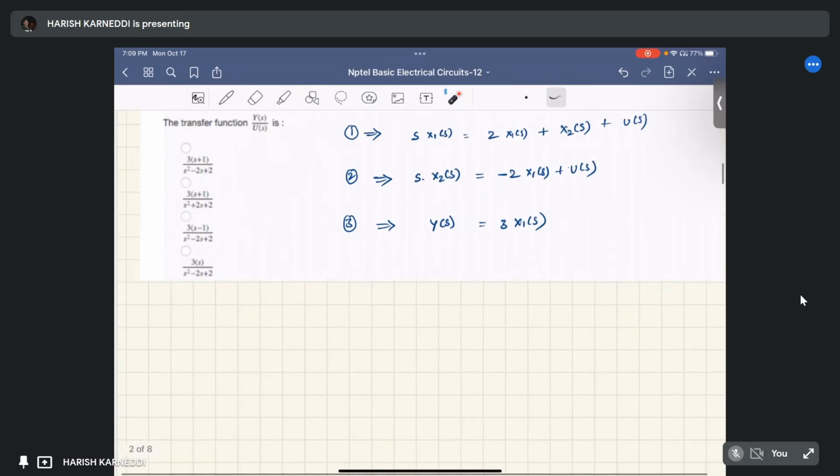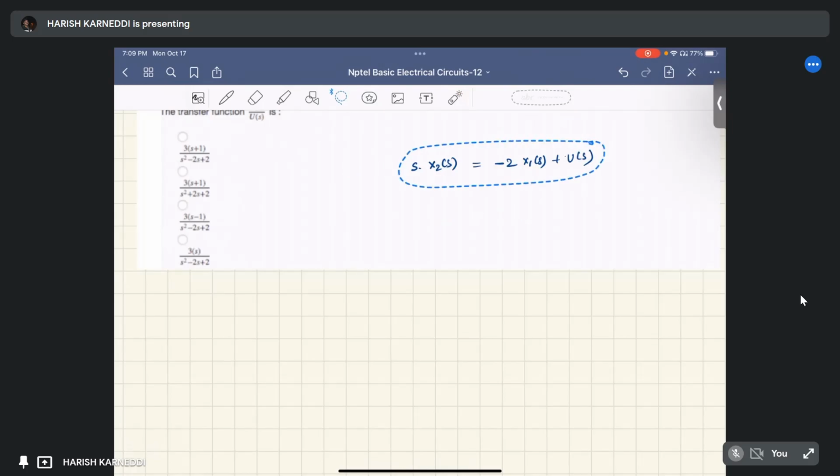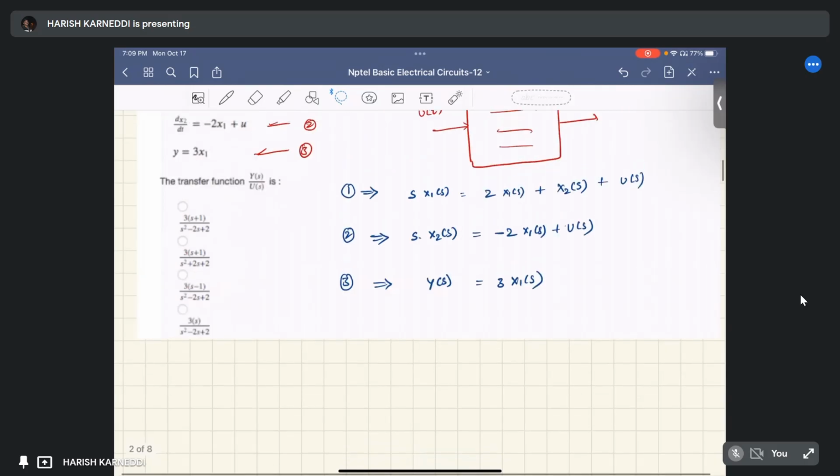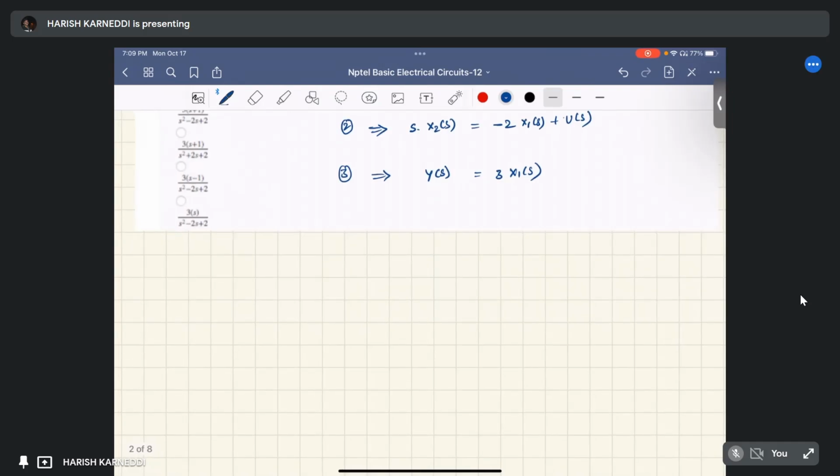Okay, take equation 2. Equation 2 is s x2 of s equal to minus 2 x1 of s plus u of s.